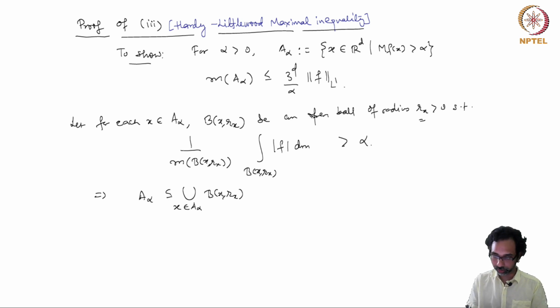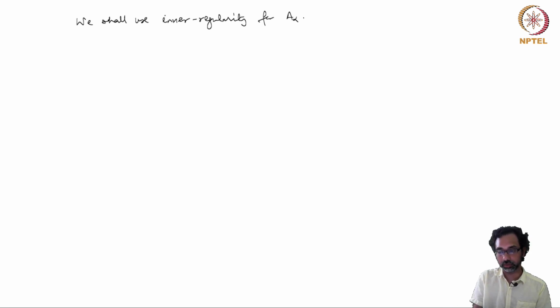So now I am going to use, we shall use inner regularity for the set A alpha, which is a Lebesgue measurable set. In particular, we showed that this is an open set, so in particular it is Lebesgue measurable, and so inner regularity holds.